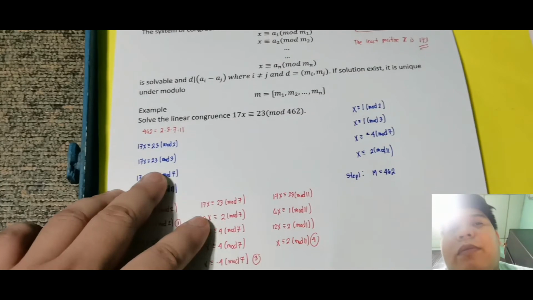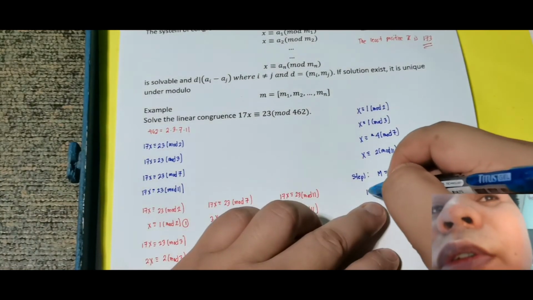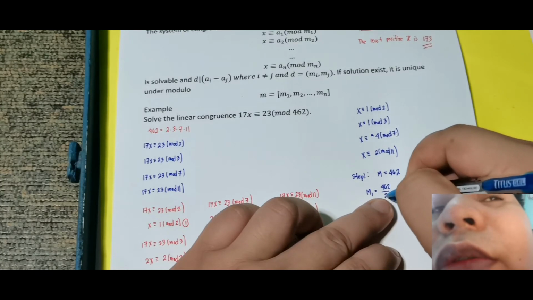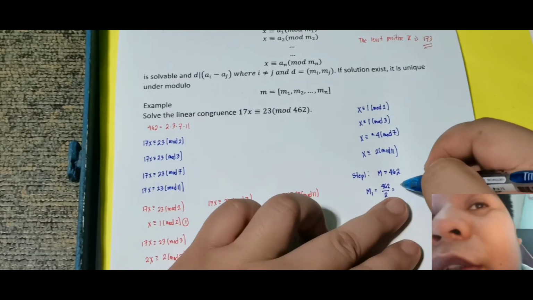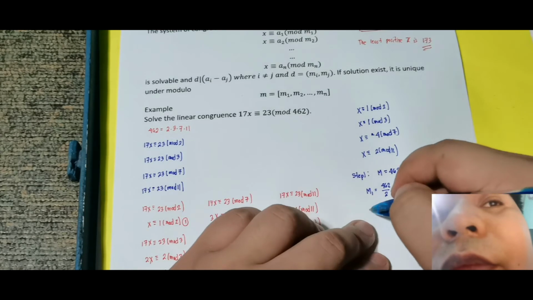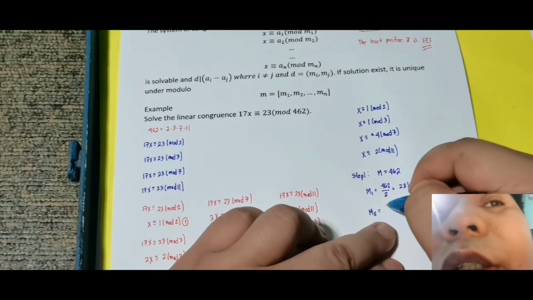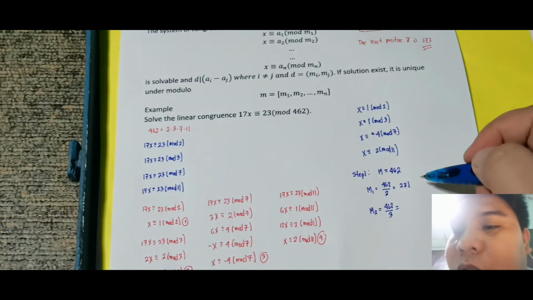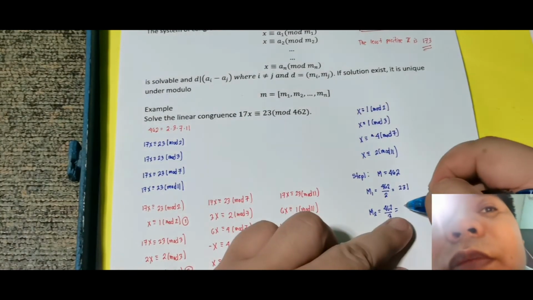Okay, then kunin natin M sub 1. M sub 1 is equal to 462 divided by 2, so that is, I think, 231. M sub 2 is equal sa 462 divided by 3, so I think that is 154.